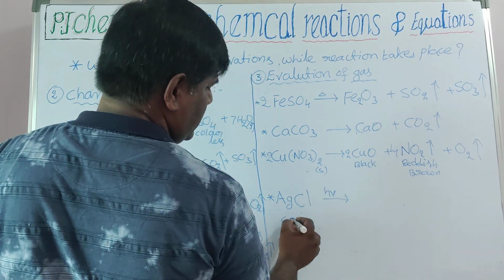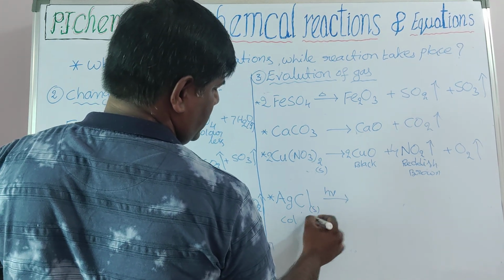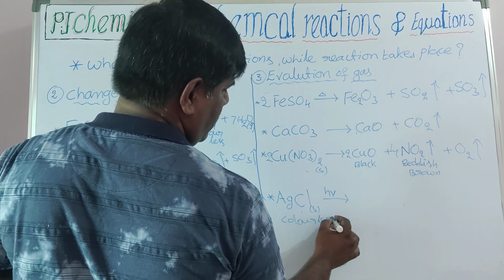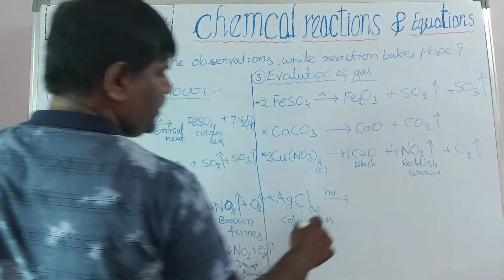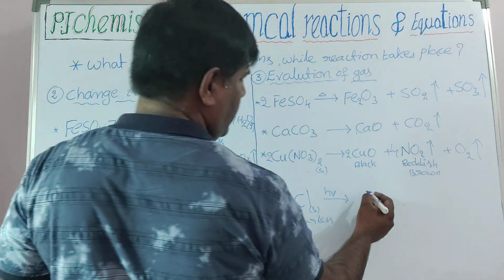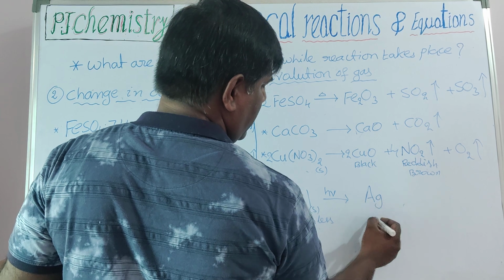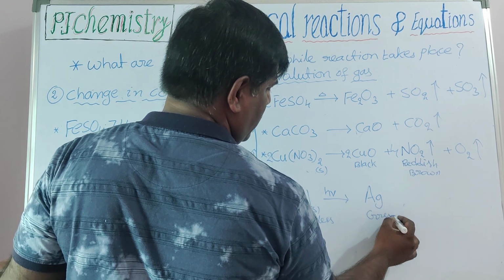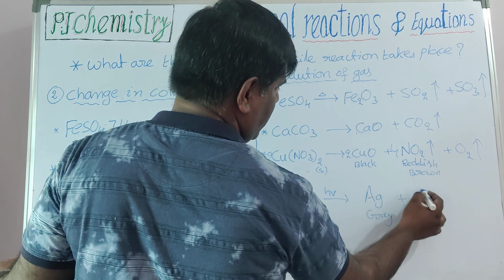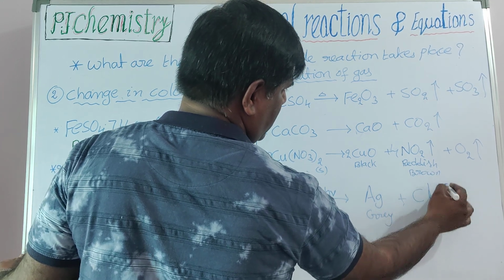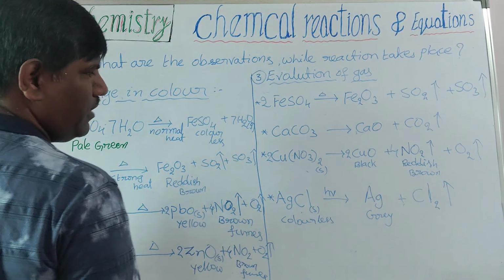It is a colorless solid, which is nothing but white color. When it gets decomposed in presence of sunlight, it appears silver gray in color and chlorine gas is liberated.